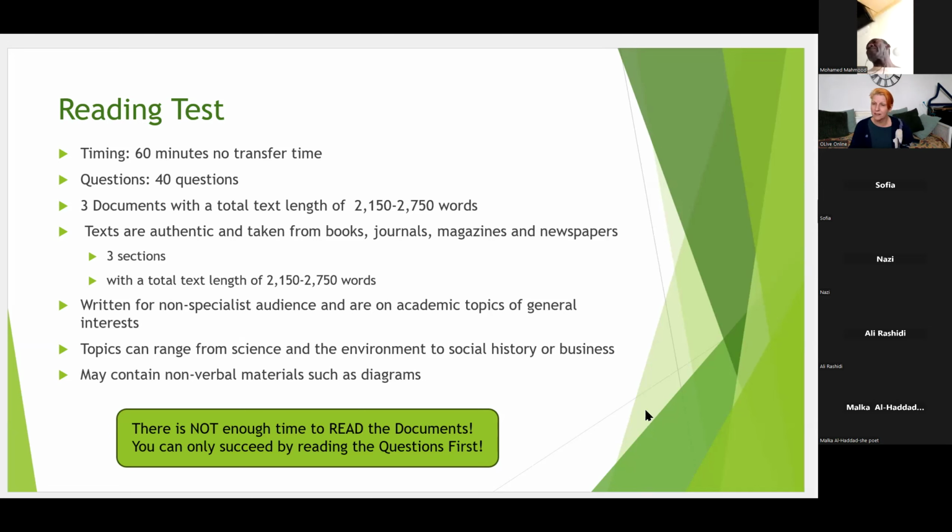So do you think that you can read 3 academic articles in 60 minutes whilst answering 40 questions? There's a reason this is the hardest part. Even examiners and teachers have a hard time with the reading. There's the one perfect answer to this: don't read.